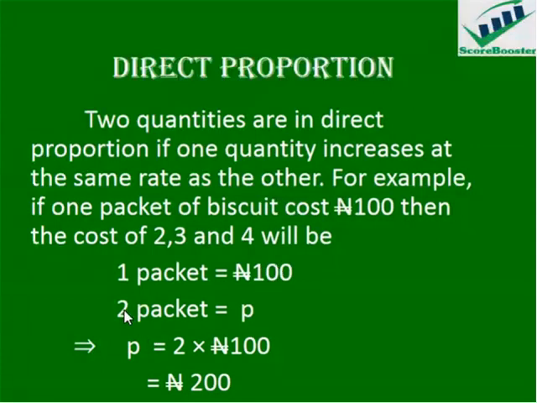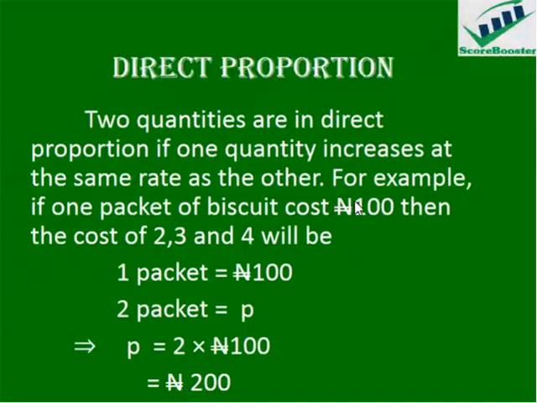This is it. We have 2 multiplied by 100. The unit here is naira, so the unit here will also be naira. So 2 multiplied by 100 naira is 200 naira.